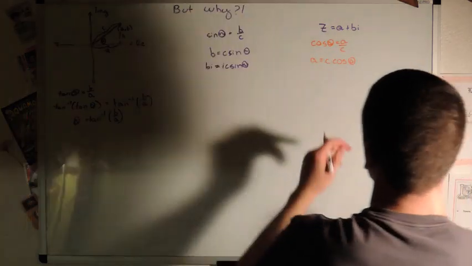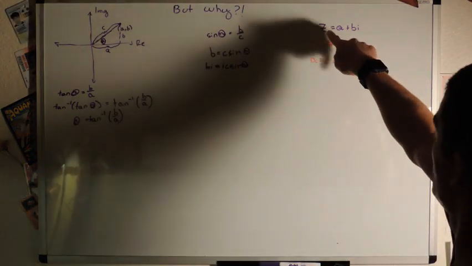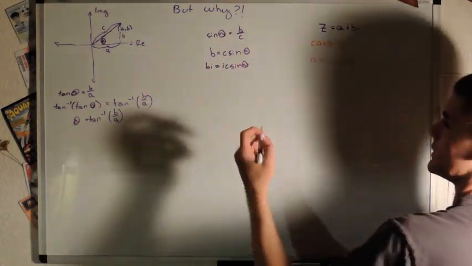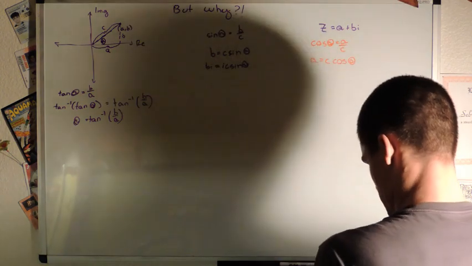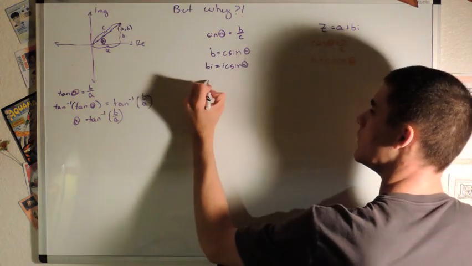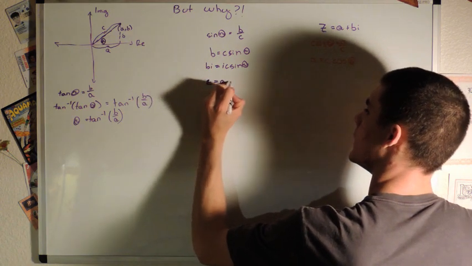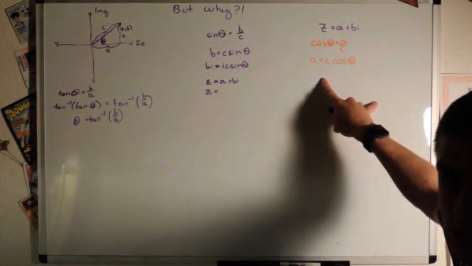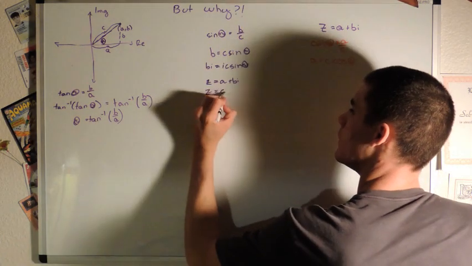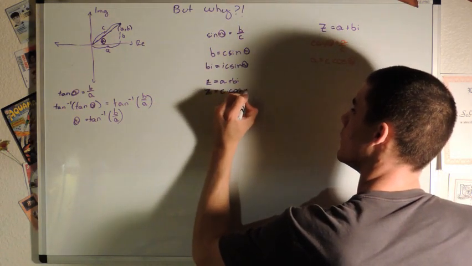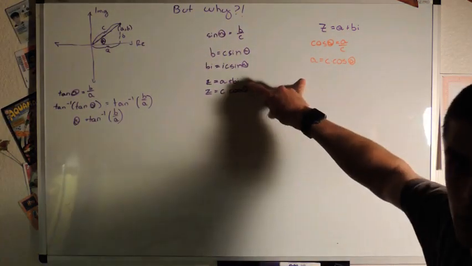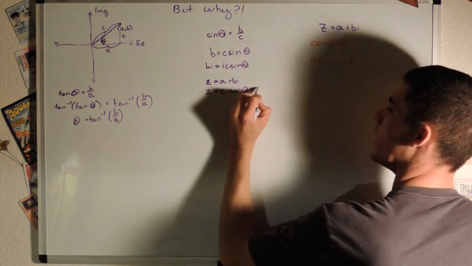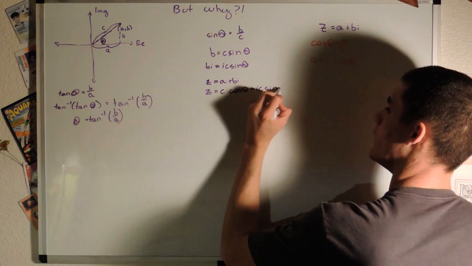Now looking back at our complex number z, a plus bi, I can substitute. So z will therefore equal c cosine theta plus bi, and we've said bi equals this, so plus i c sine theta.